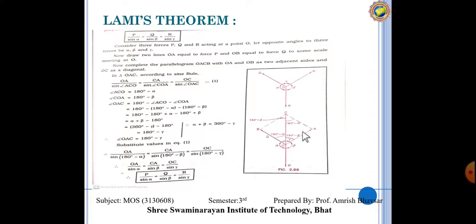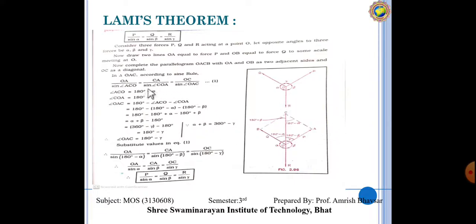Now OA upon sine ACO, this is ACO, equals CA upon sine COA, and OC upon sine OAC.